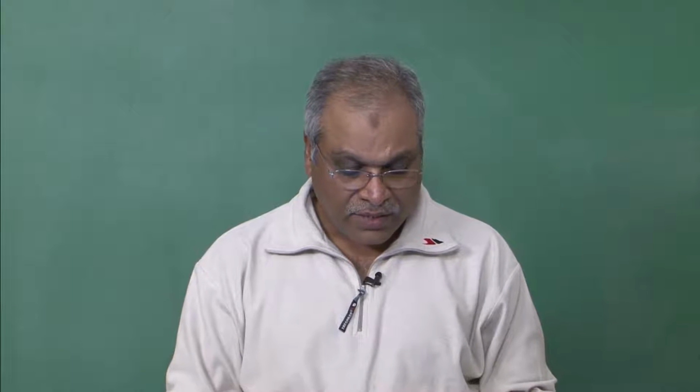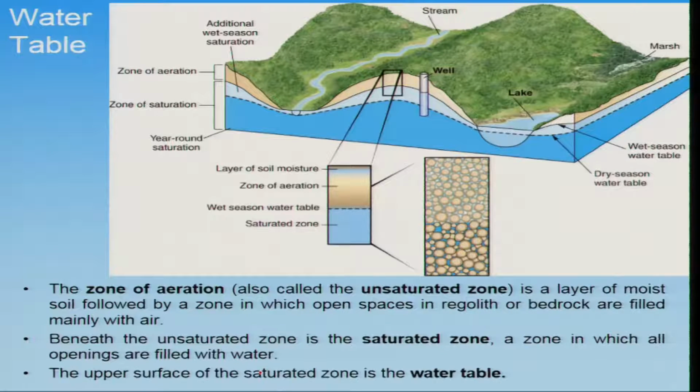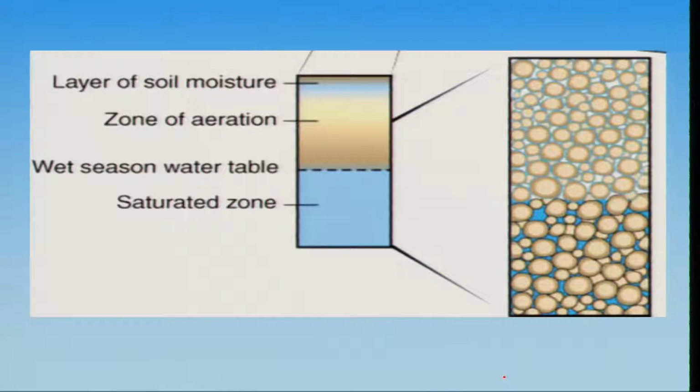Beneath the unsaturated zone is the saturated zone, a zone in which all openings, that is the pore spaces, are filled with water. The upper surface of the saturated zone is termed the water table. This is what we were discussing in the previous slide.